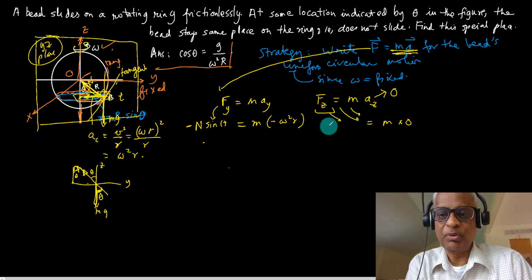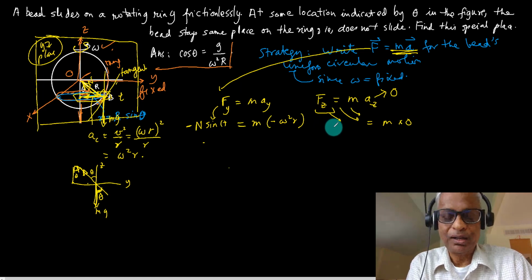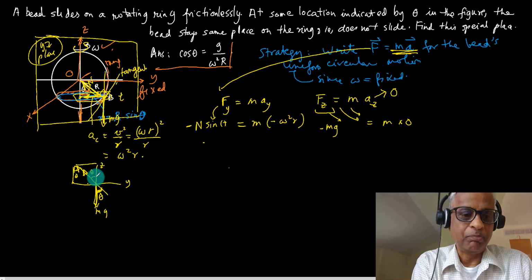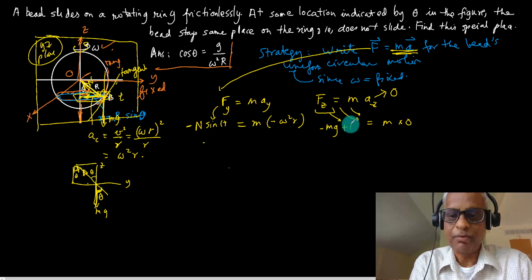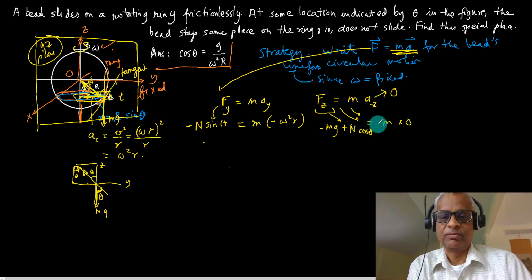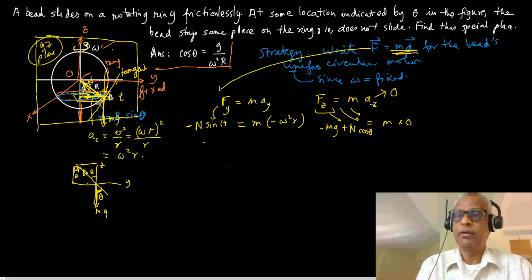And the z component will be negative mg and positive N cosine theta. So let me pause here.